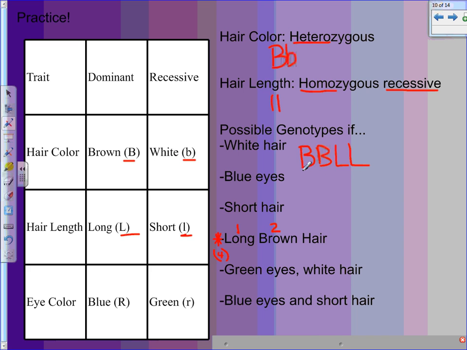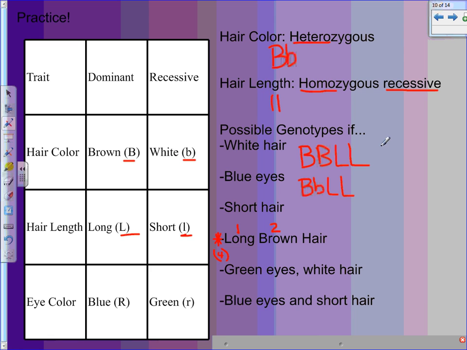Think about what else could give us brown hair. Maybe a big B, little b could give us brown hair, and for long hair we can go with big L, big L. Well, if we can do big B, little b, we can probably do big L, little l and still have long hair. So another combination would be big B, big B, big L, little l.